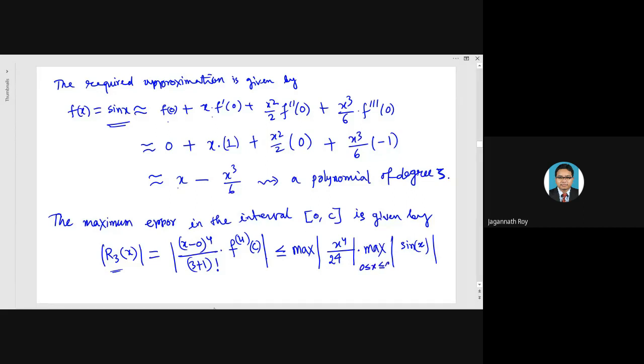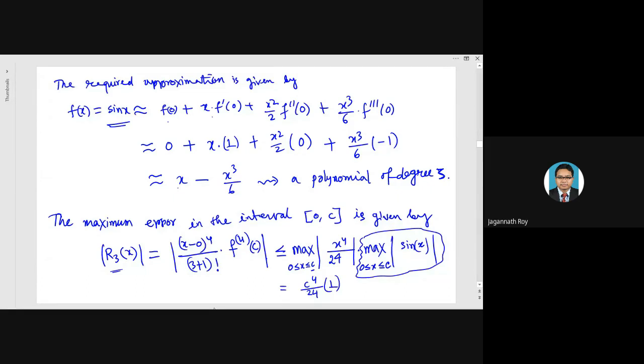Okay, for this particular c, we need to find the range of c, that is, what is the maximum value of c so that this relation holds. So 0 less than x less than c. So what happens here is that the maximum will be at c to the power 4 by 24, and the maximum of sine c, whatever the value of c, is 1.